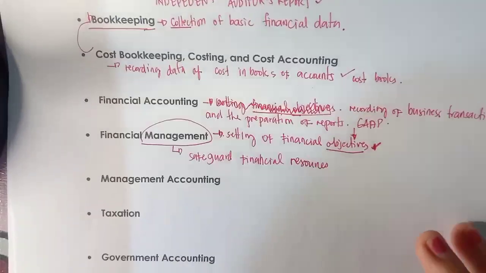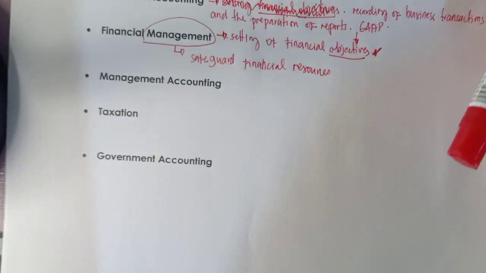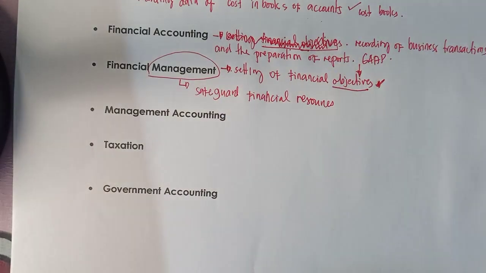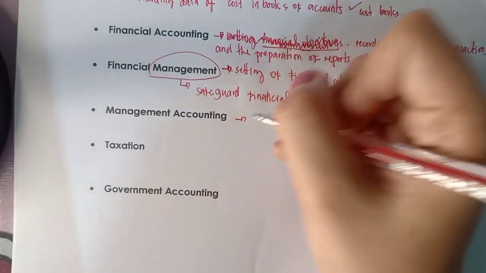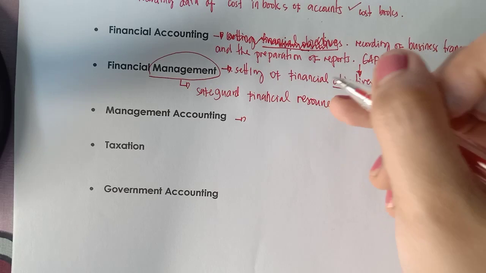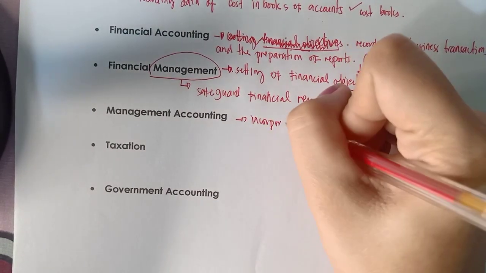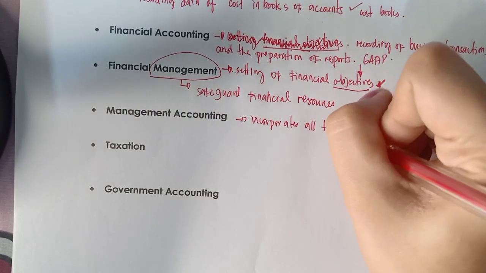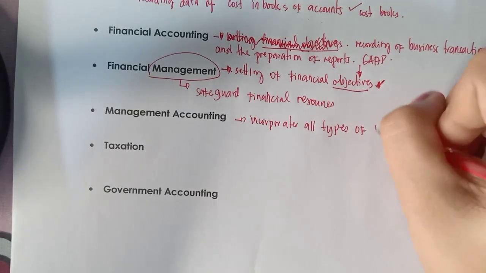Next branch is the management accounting. So, management accounting. Management accounting adopts specific decisions which management may be called upon to make, and incorporates all types of financial and non-financial.